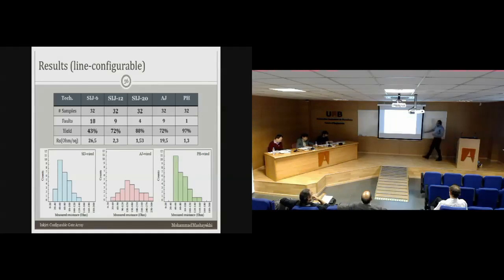And as you see, in the histogram of the measured resistance for photolithography and also for SIJ, the resistance values are concentrated at very low values, while for AJ we see very high dispersion and variation in the results.